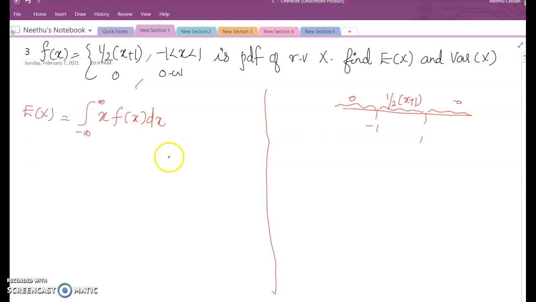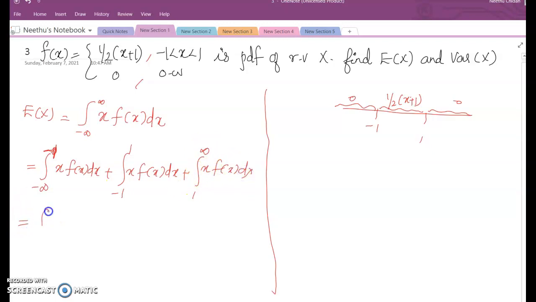Therefore this integral can be written as integral minus infinity to minus 1 x into f of x dx plus integral minus 1 to 1 x into f of x dx plus integral 1 to infinity x into f of x dx.